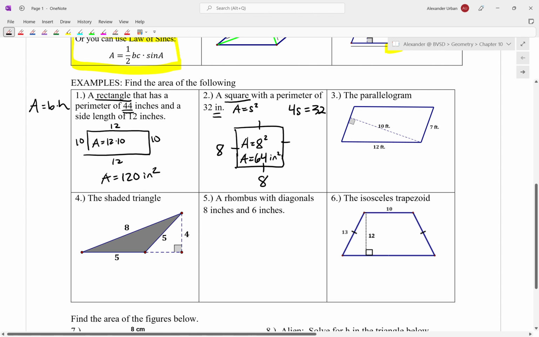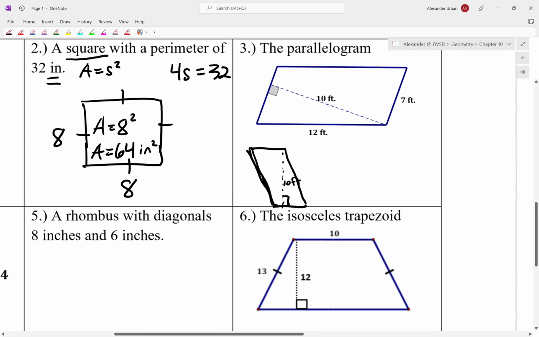We can't forget our units. Units need to be squared because it was representing area. It's 2 dimensions. Our last one here, we need to envision this as a parallelogram that's standing up with its height. In this case here, the height is 10 feet because it is allocating itself towards the base.